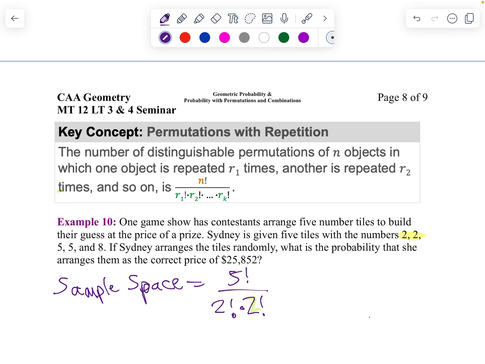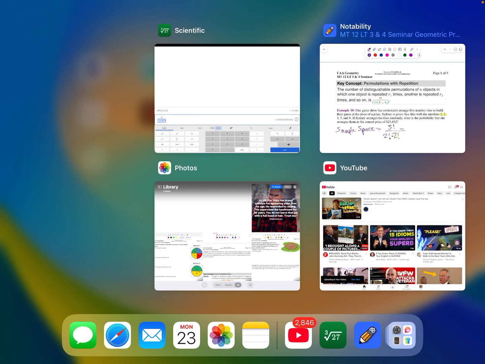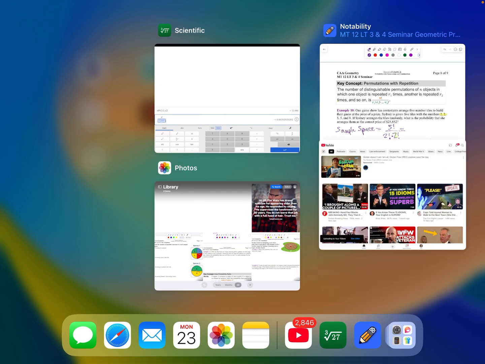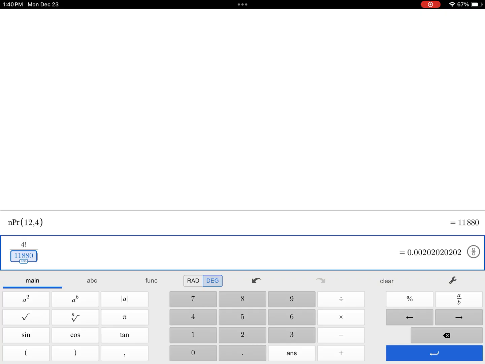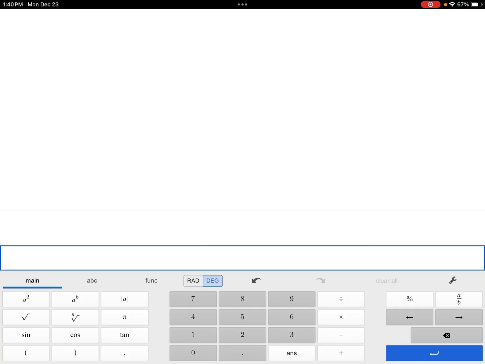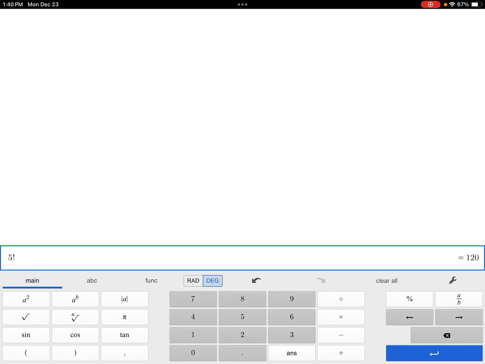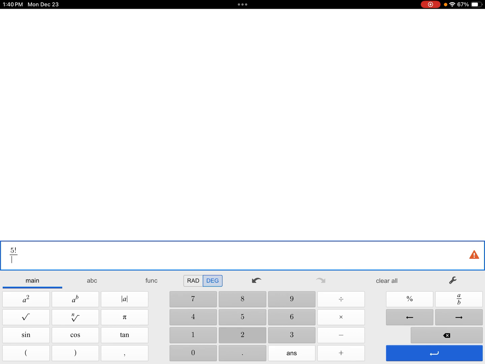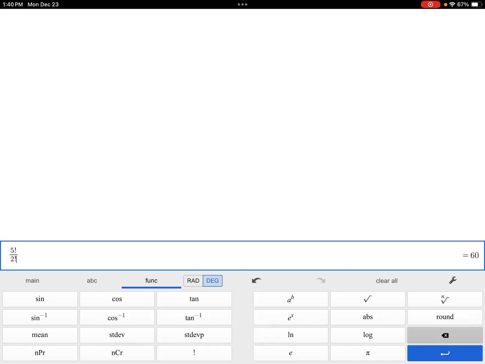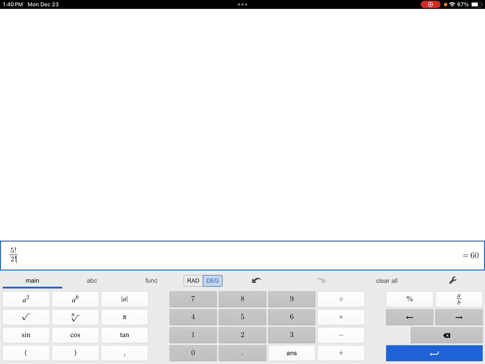So in other words, this 5 factorial, let's just do this on the calculator. We're going to do 5 factorial, function factorial, and I'm going to divide that by 2 factorial times 2 factorial.